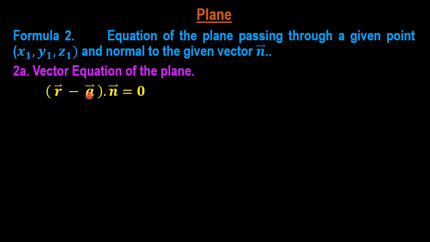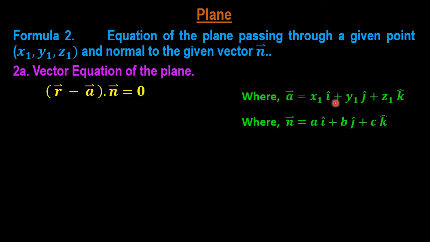So where a vector is x1 i plus y1 j plus z1 k, and here x1, y1, z1 are the coordinates of the point which is given, and n vector is the normal vector which is given, n vector equals to a i plus b j plus c k.